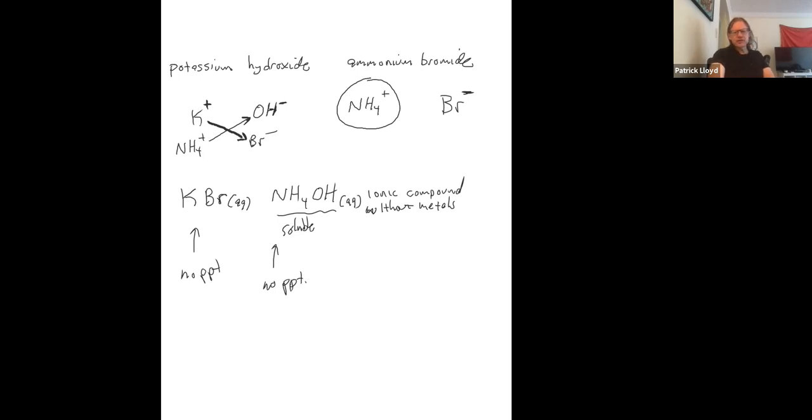Then we'll look at some of the more energetic reactions, called reduction-oxidation or oxidation-reduction reactions, so we'll look at redox reactions as well. And then we'll look at concentrations of solutions, molarity, and molarity calculations. That's all coming up next week. Any questions?